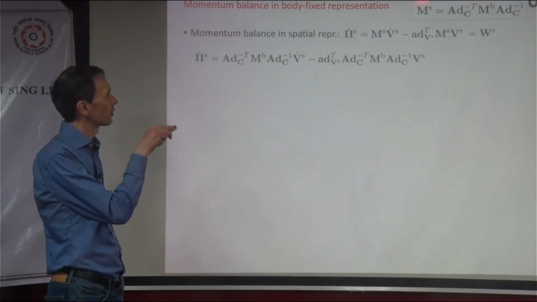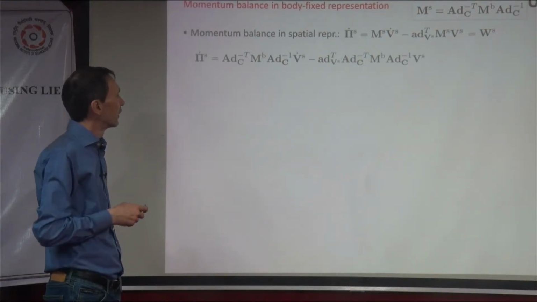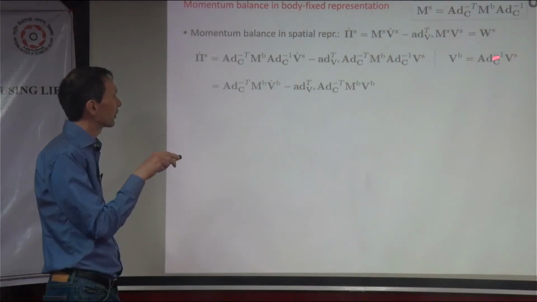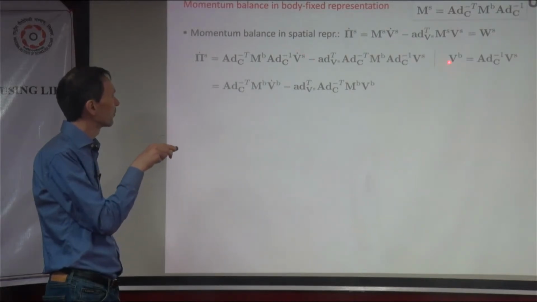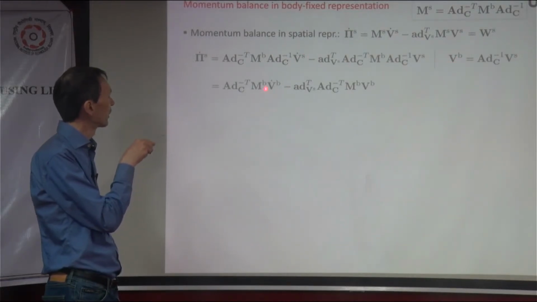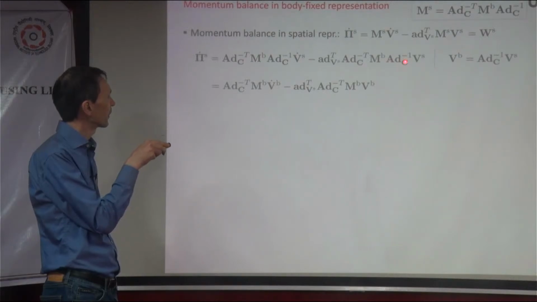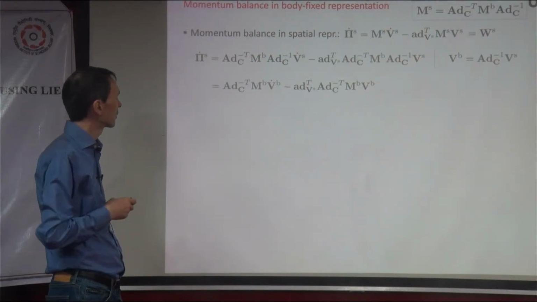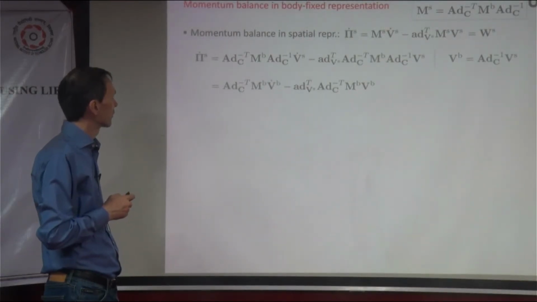It's all in the slides. And then you see immediately, if you identify this term here as the body fixed twist, then you have Vb dot, and here you have Vb, and that's it.